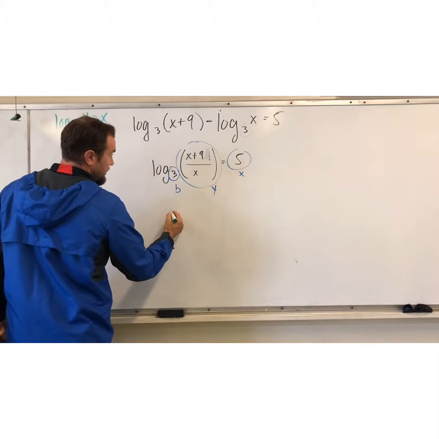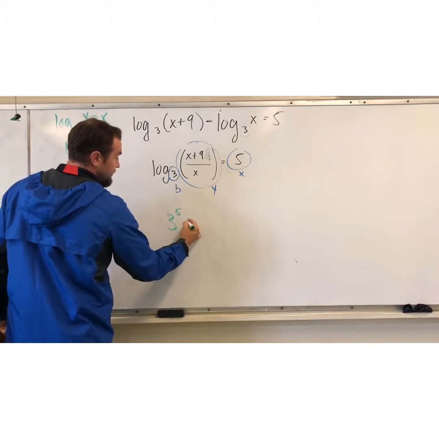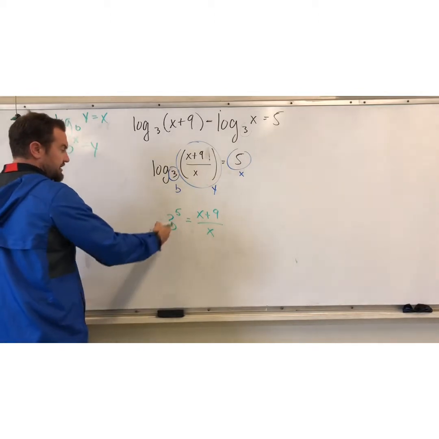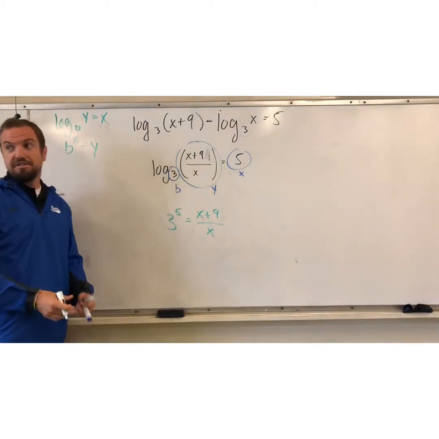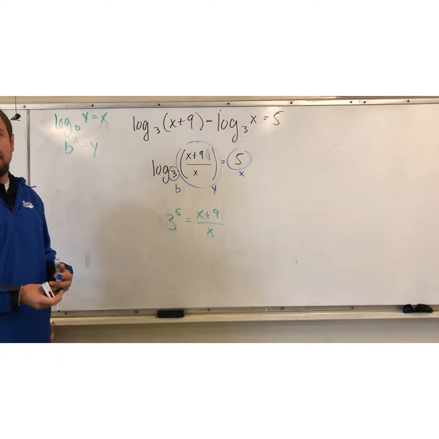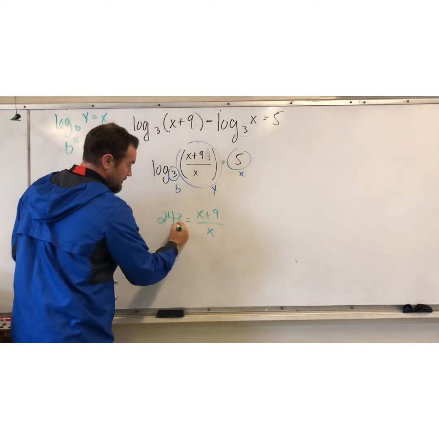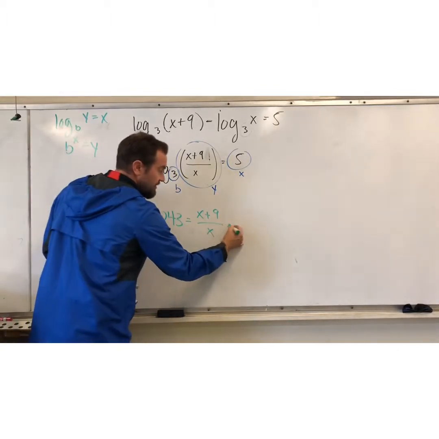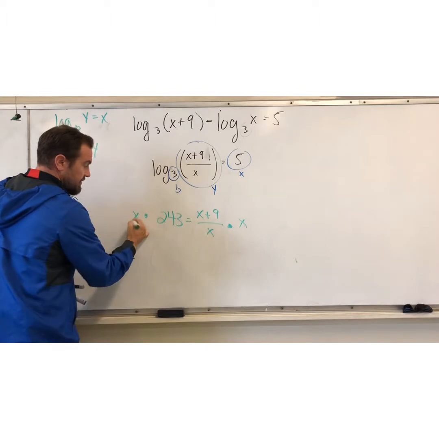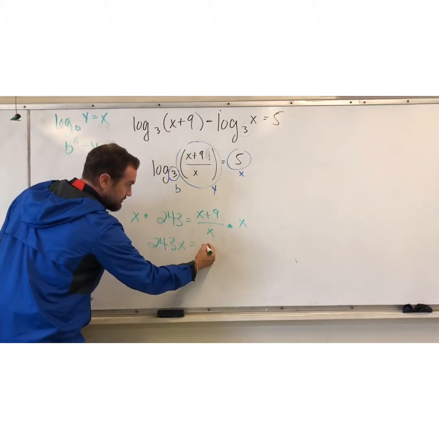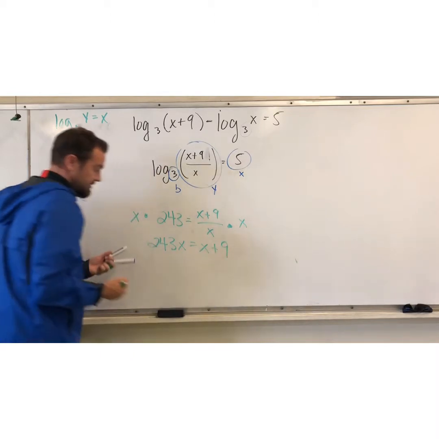And now I can set up 3 to the 5th is equal to x plus 9 over x. 3 to the 5th, can I get that? Can I get an assist? 243. So we're at 243x is equal to x plus 9.